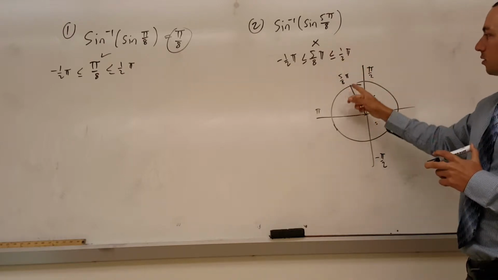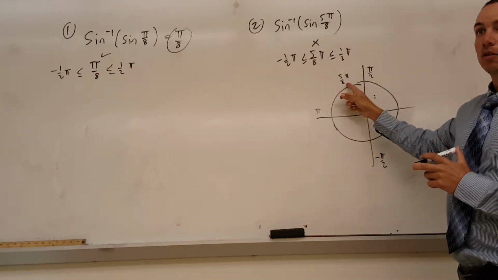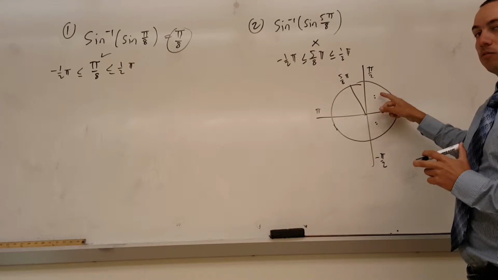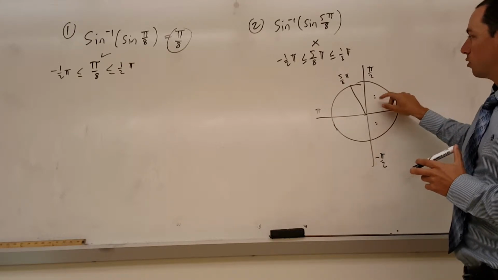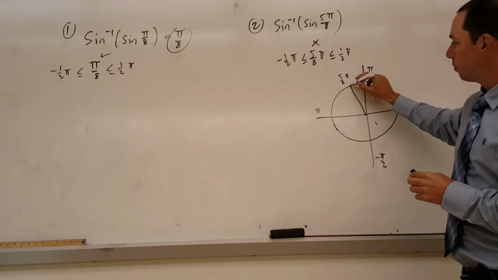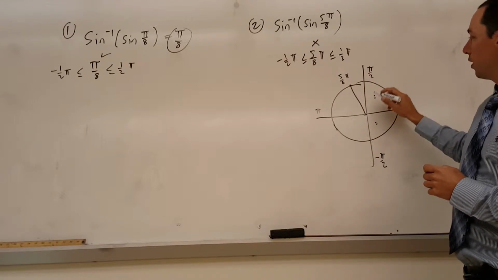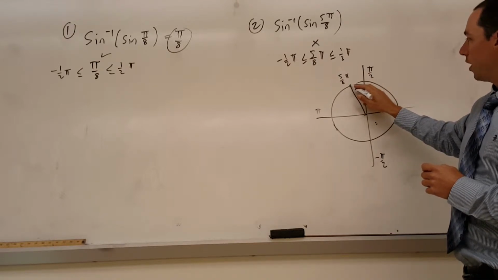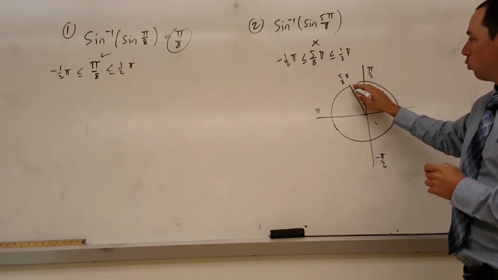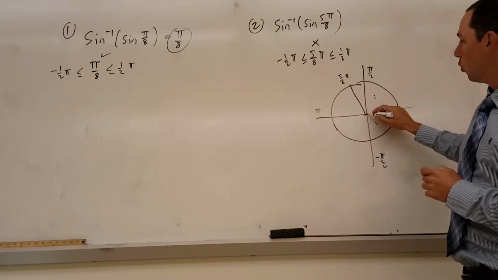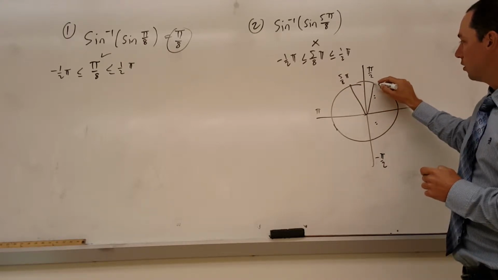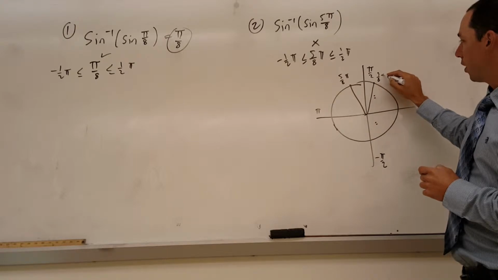We need to find an equivalent angle in quadrant 1 or 4. The sine is positive here, so we need to use a quadrant where sine is positive. Sine is also positive in quadrant 1, so we need to find an equivalent spot in quadrant 1 to 5/8 pi. This is 4/8, this is 5/8, so it is 1/8 away from the y-axis. So I'm going to go 1/8 away on this side. That'll be 3/8 pi.